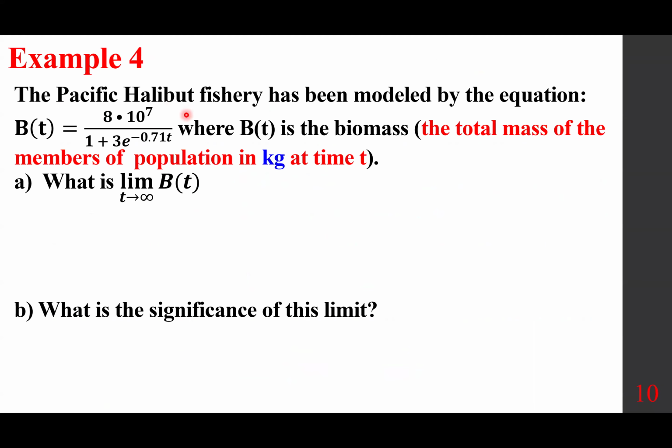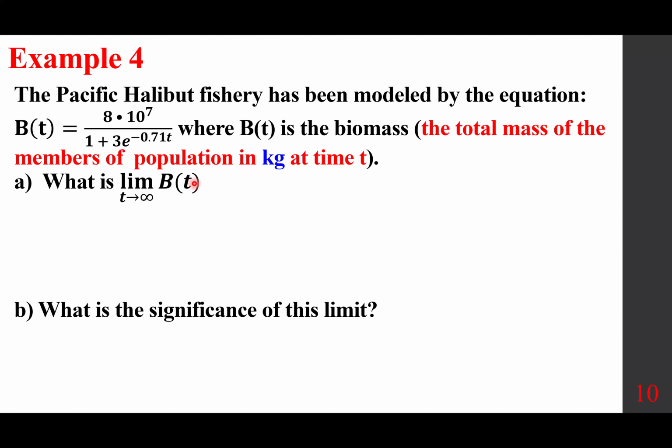The Pacific halibut fishery has been modeled by the equation B of t equals 8 times 10 to the power of 7 over 1 plus 3 e to the power of negative 0.71 t, where B of t is the biomass, the total mass of the members of the population in kilograms at time t.